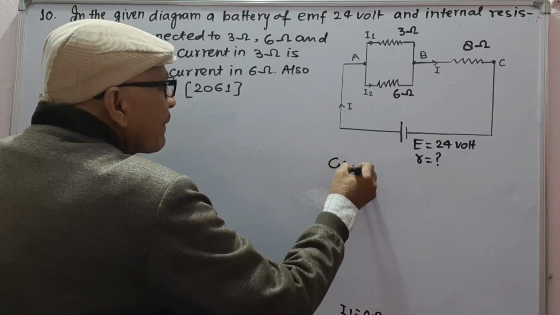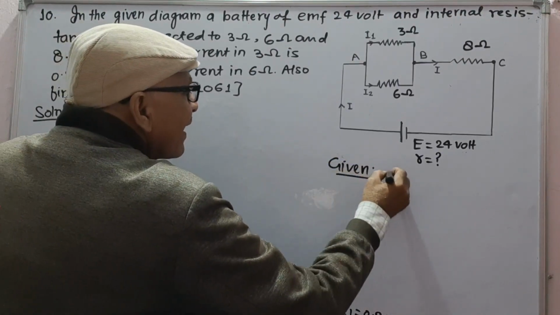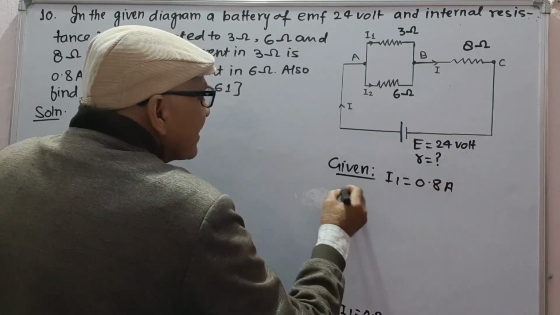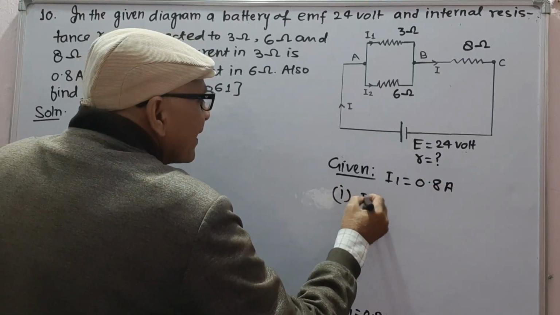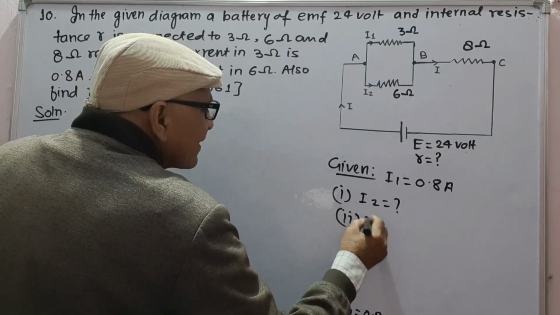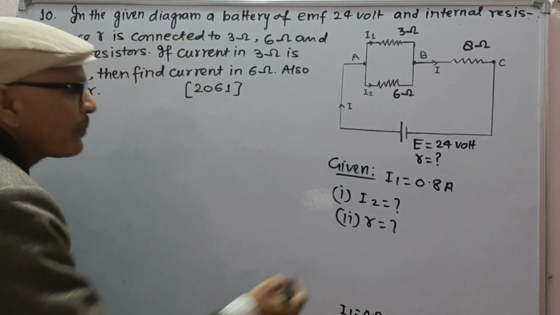Given I1 is equal to 0.8 ampere, we have to find I2 and we have to find internal resistance of cell.